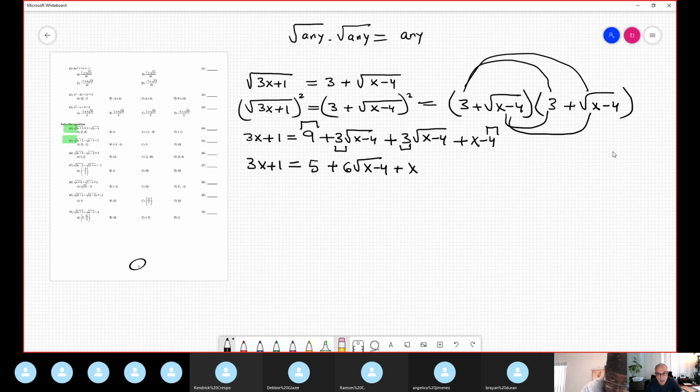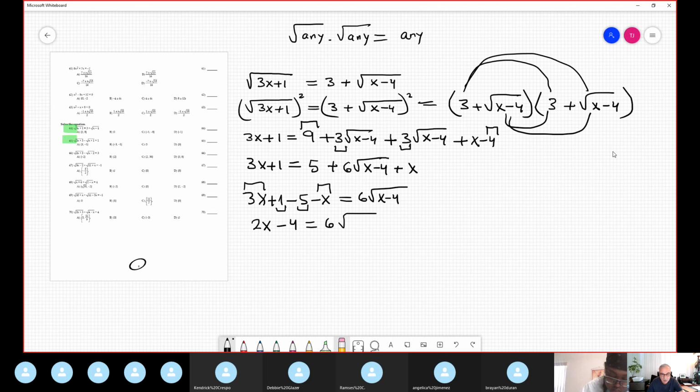Now I try to isolate the second radical: 3x plus 1 minus 5 minus x is equal to 6 times square root of x minus 4. Okay, 3x minus 1x is 2x. And positive 1 and negative 5 and negative 4.